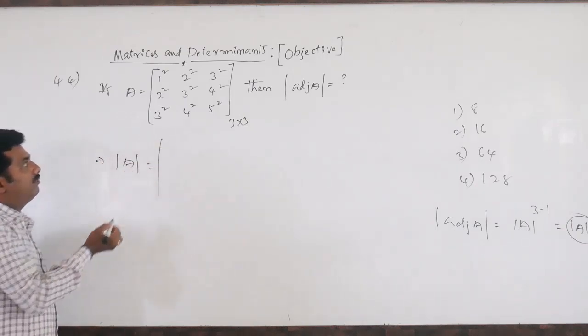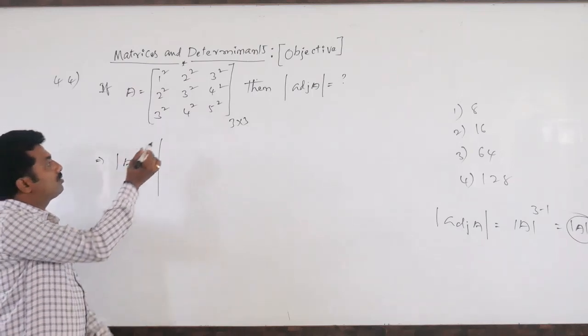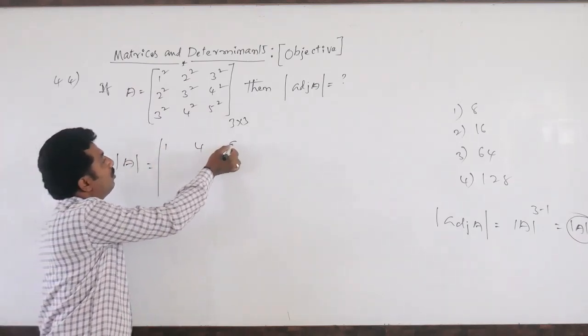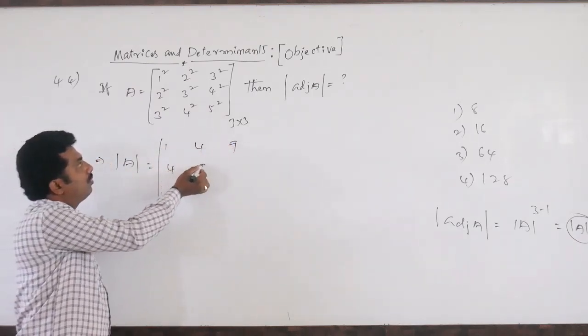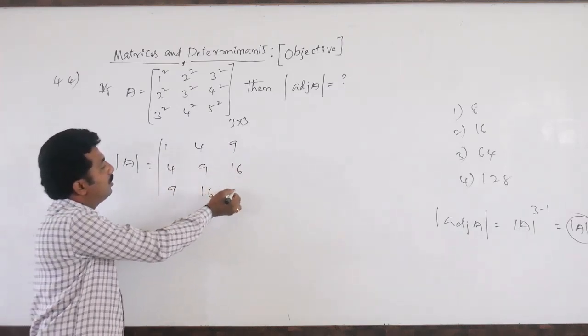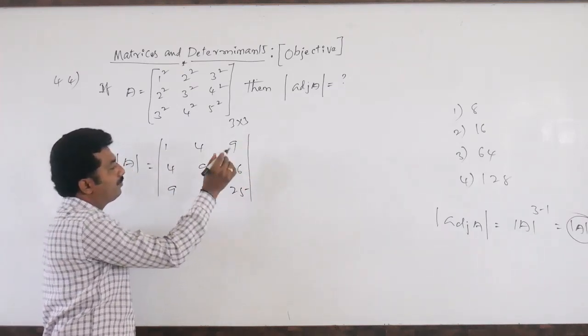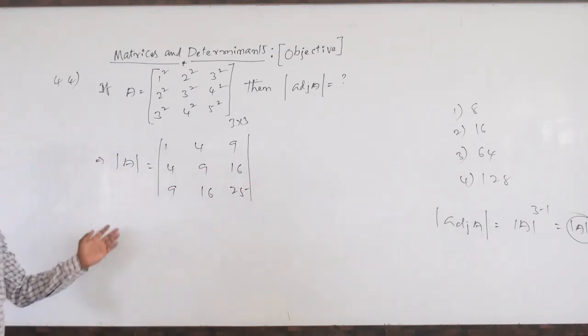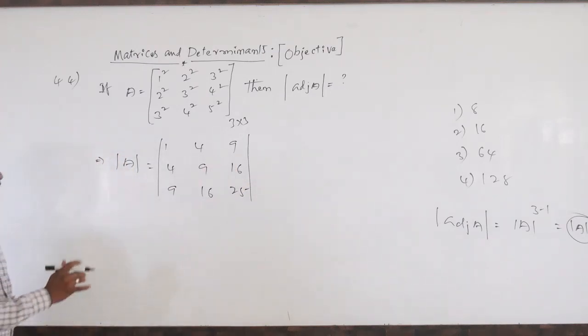The determinant of this matrix: 1 squared is 1, 4, 9, 4, 9, 16, 9, 16, 25. You can expand directly, no problem.